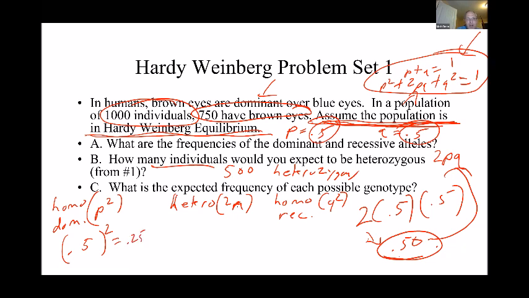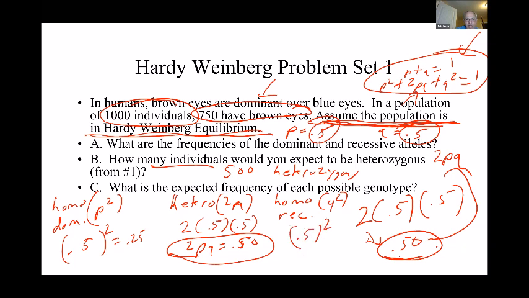We've already figured out our heterozygous frequency. It's 2 times p, 0.5, times q, 0.5. So 2pq is equal to 0.50. And then lastly, q squared. Q was 0.5, so let's square 0.5. And that comes out to be 0.25.